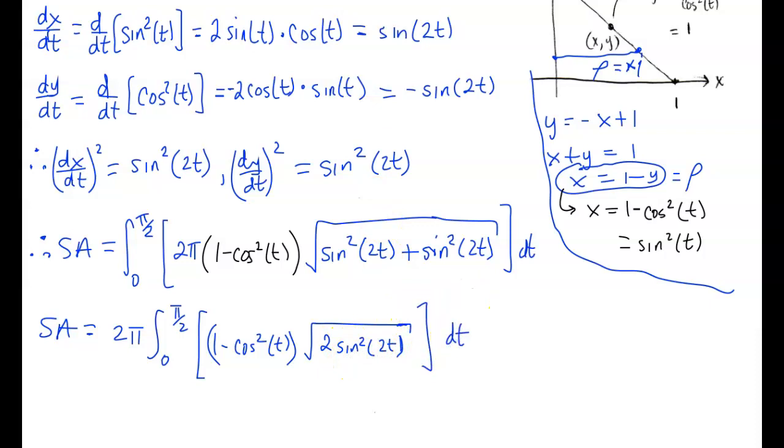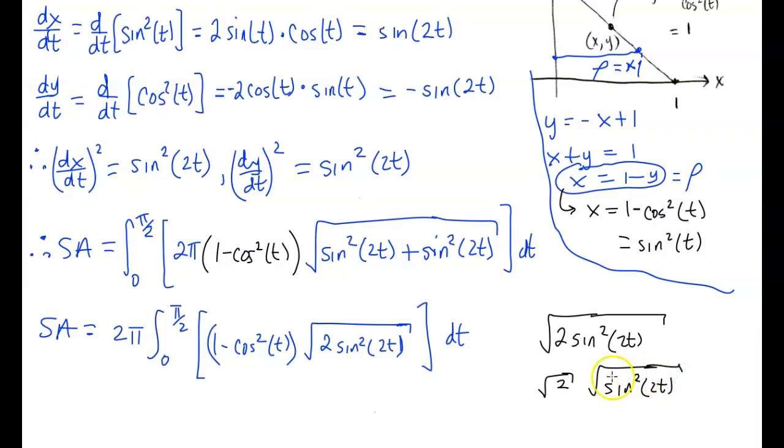I'm just going to go off to the side here and think about what we can write next. We know that since the limits of integration are values of t from 0 to pi over 2, sine is non-negative for that range of angles. I'm saying that to say that the square root of 2 times sine squared of 2t, we could look at as the square root of 2 times the square root of sine squared of 2t.